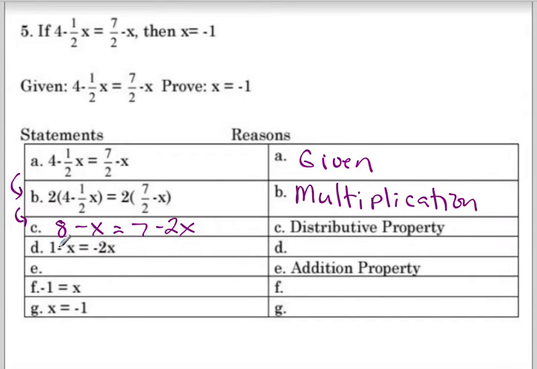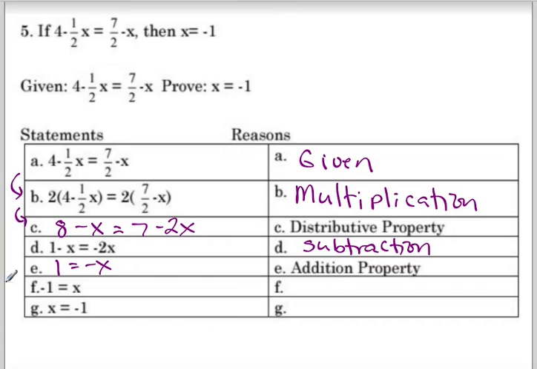Now we have to look from C to D and see what they have done. They have subtracted 7 from both sides, so it's subtraction property of equality there. And then from D to E, they're saying that they must have added x. So we're going to go with 1 equals negative x would be the answer there, because adding x to negative 2x is negative x.